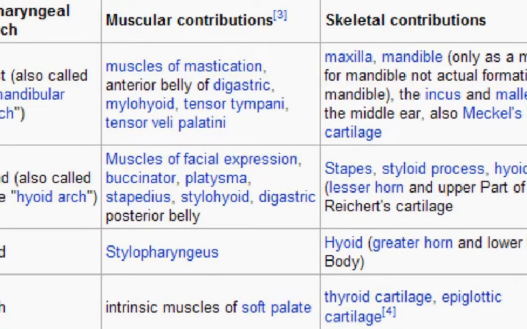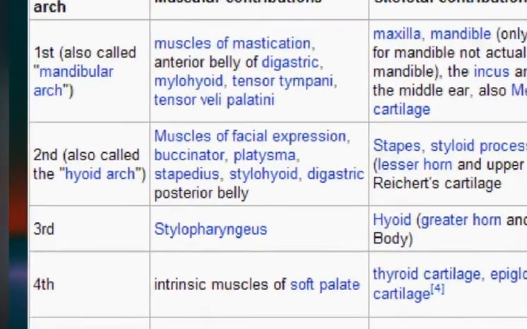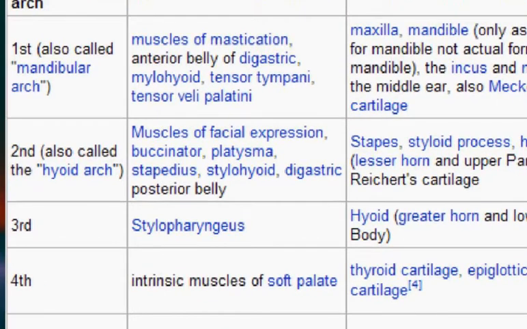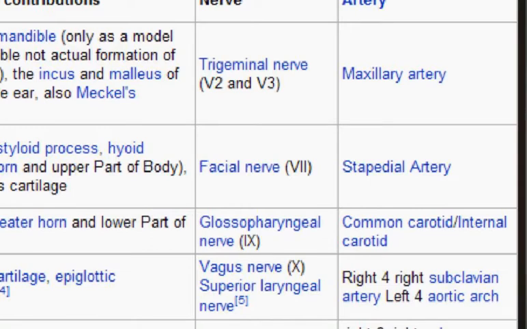Now we go to the second pharyngeal arch, which is called the hyoid arch. Muscular derivatives: muscles of facial expression, buccinator, platysma, stapedius, stylohyoid, and posterior belly of digastric. All these muscles, because they are derived from the second arch, should be supplied by the facial nerve, which is the nerve of the second arch.